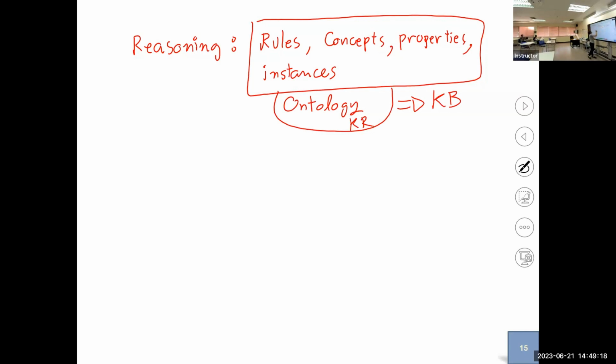So these things are the model. Remember, we say that we define them as explicit knowledge, but still you can derive or yield something that is implicit.